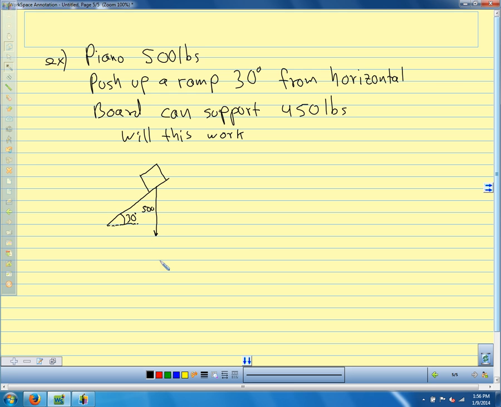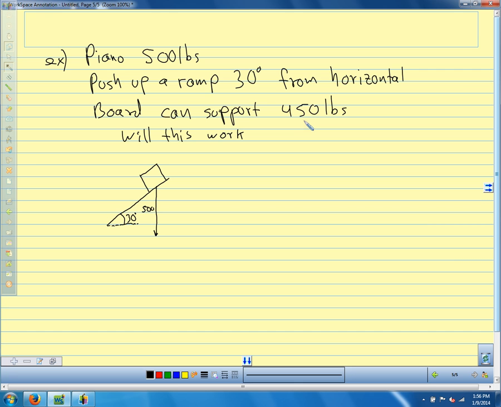In the English system, for those of you that are in physics, pounds is a measure of force rather than mass. So we don't have to do anything with the acceleration due to gravity. When we say that the board can support 450 pounds, which direction is the board supporting the weight? So you had the right idea.